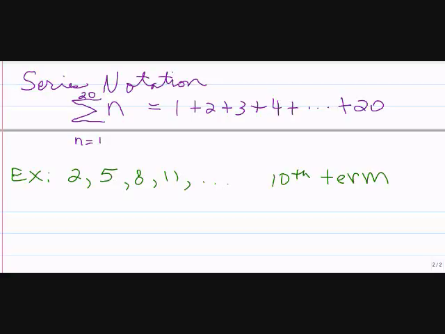Just by looking at it, could you tell me what the 10th term is? So, some of you can. And if you can't, let's figure out what the 10th term is. Make the formula for the sequence. A sub n equals 2 plus n minus 1 times common difference, 3. Okay, let me clean that up.